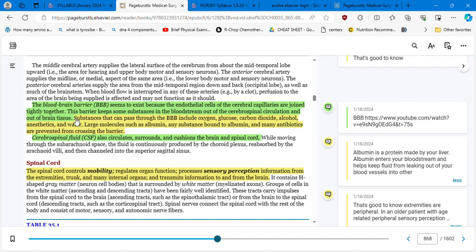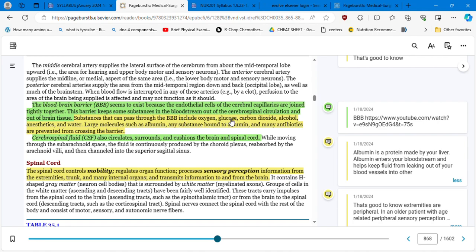Why is the blood-brain barrier important? Substances that can pass through the BBB include oxygen, glucose, carbon dioxide, alcohol, anesthetics, and water. Let me repeat again. The substances that can pass through the blood-brain barrier include oxygen, glucose.